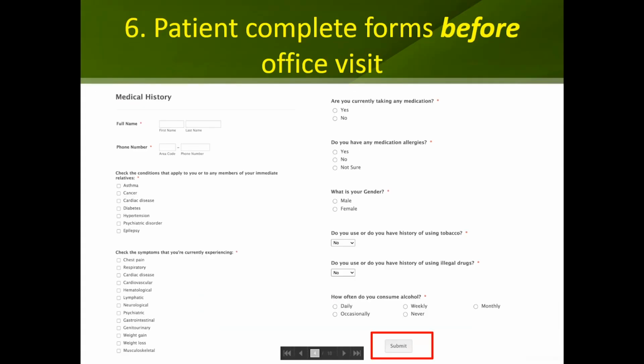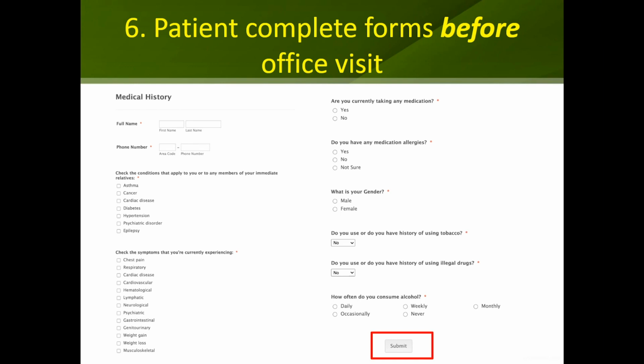An example, number 6, of improving efficiency is to complete forms for the patient before they come to the office. If a patient has a 2 o'clock appointment and arrives at 2 o'clock, it might take him 20 or 30 minutes to complete the demographic forms and the health questionnaire.